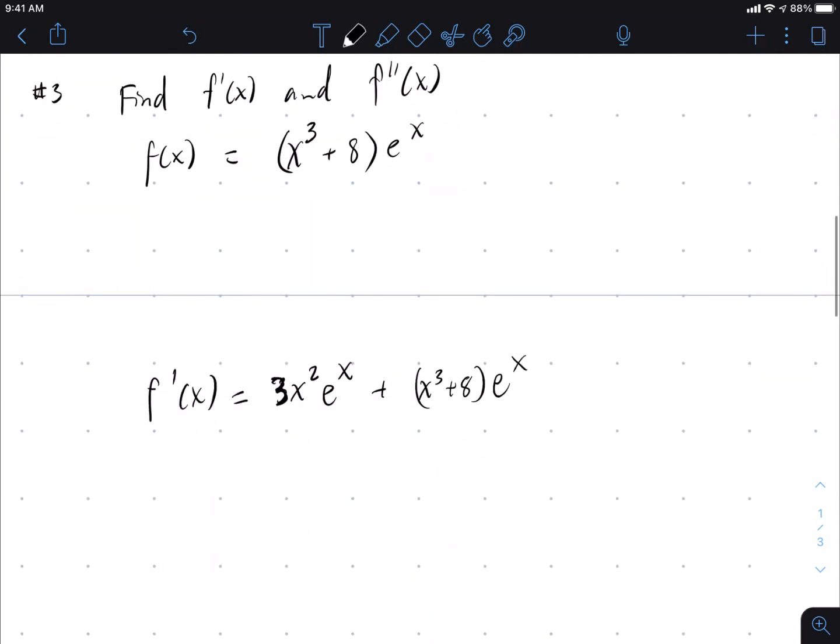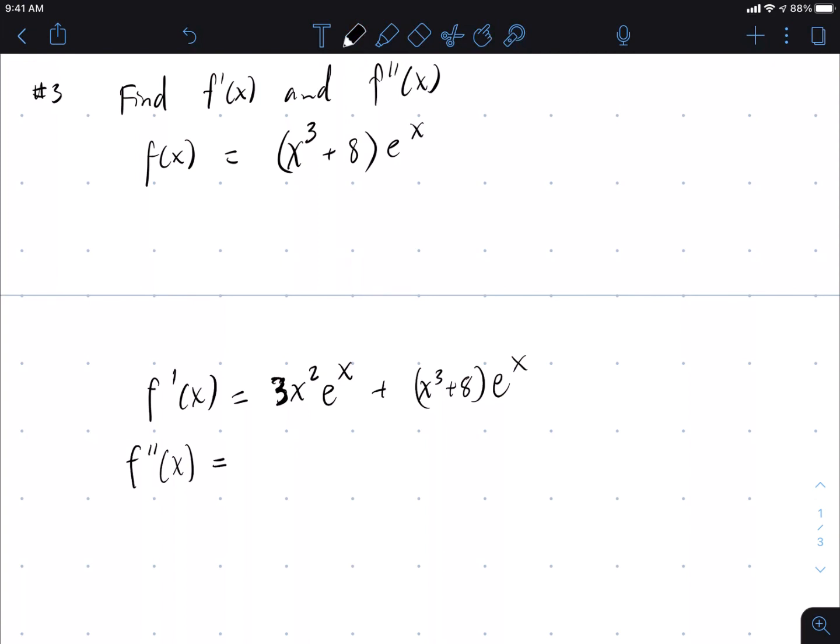No? All right. Second derivative then, we already know the answer to this one, right? The derivative to this is the same as the derivative to this. So this whole thing is going to be the derivative for this guy, correct? So I don't have to do much thinking there.